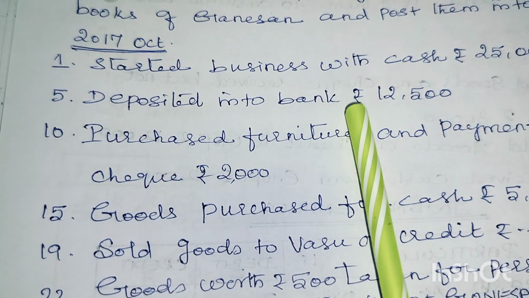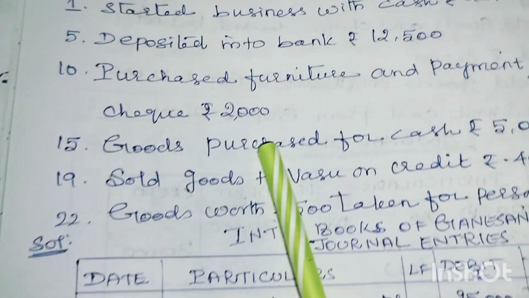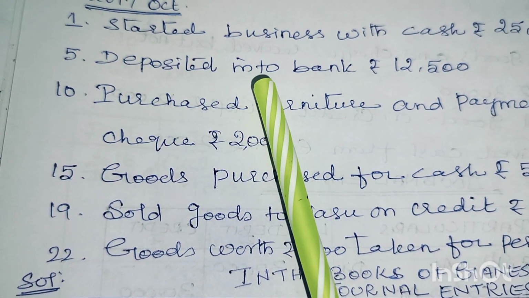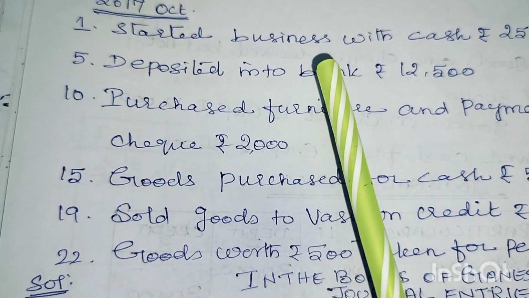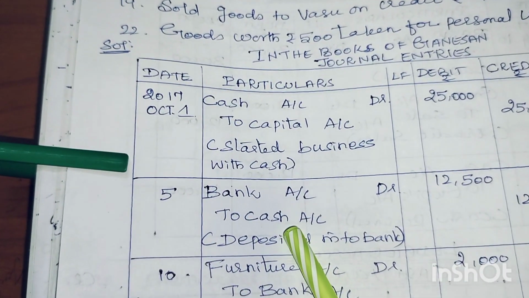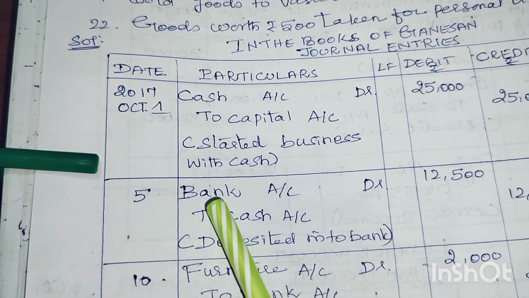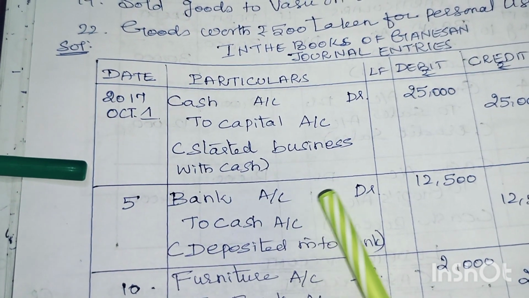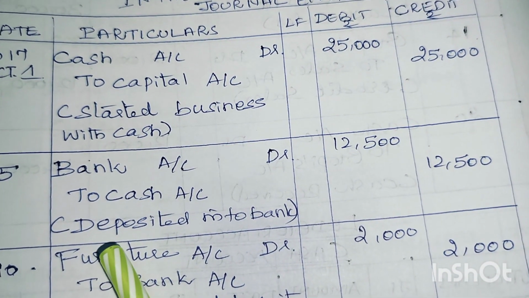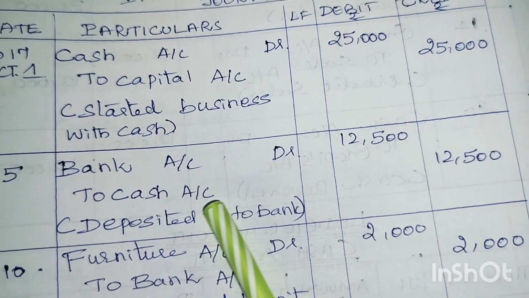Whenever your bank account increases, you have to debit the bank account. Then you have cash in your hand, right? So you deposited that cash, so cash goes out from your hand. Cash account decreases. Whenever cash account decreases, you credit the cash account. So what is the journal entry? The journal entry is bank account debtor to cash account 12,500 rupees, 12,500 rupees on both sides we have to enter. The narration is deposited into bank, or cash deposited into bank.